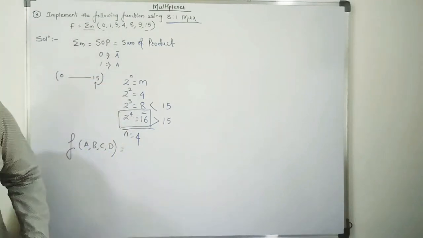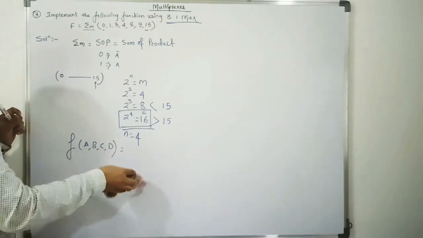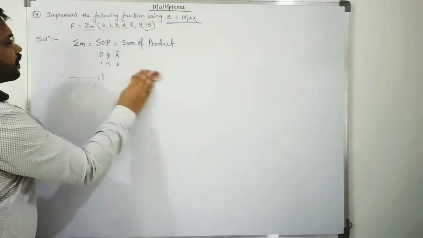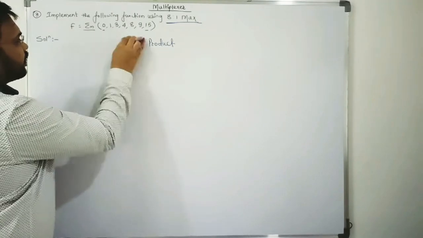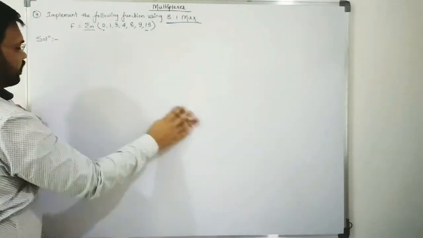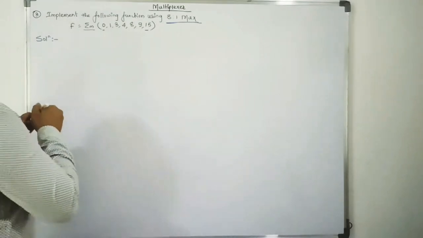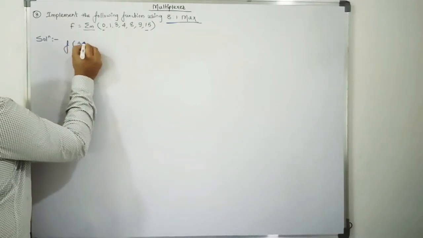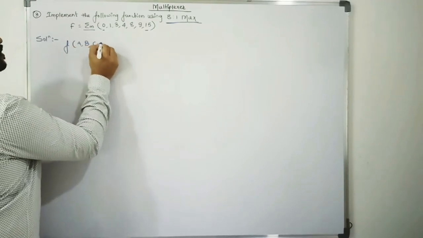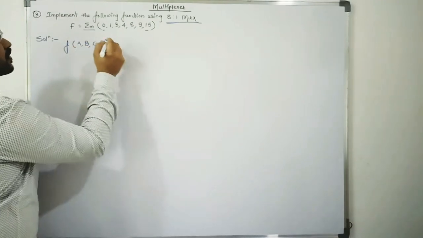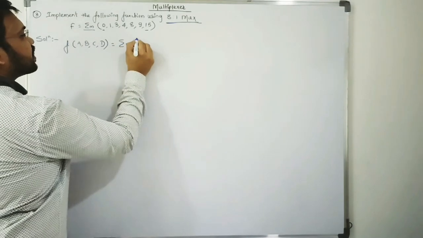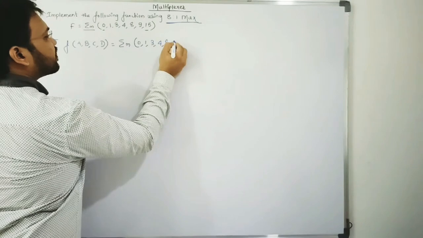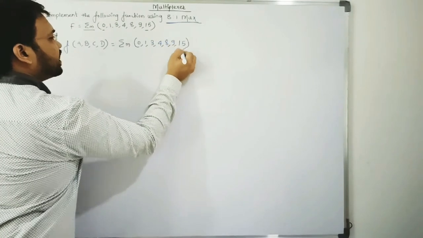So from the above discussion, the function f of a, b, c, d is equal to summation minterms 0, 1, 3, 4, 8, 9 and 15.